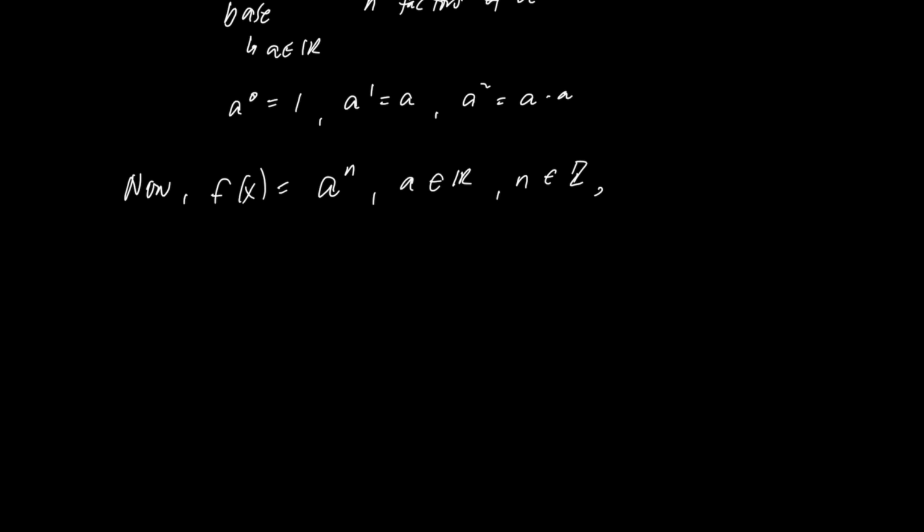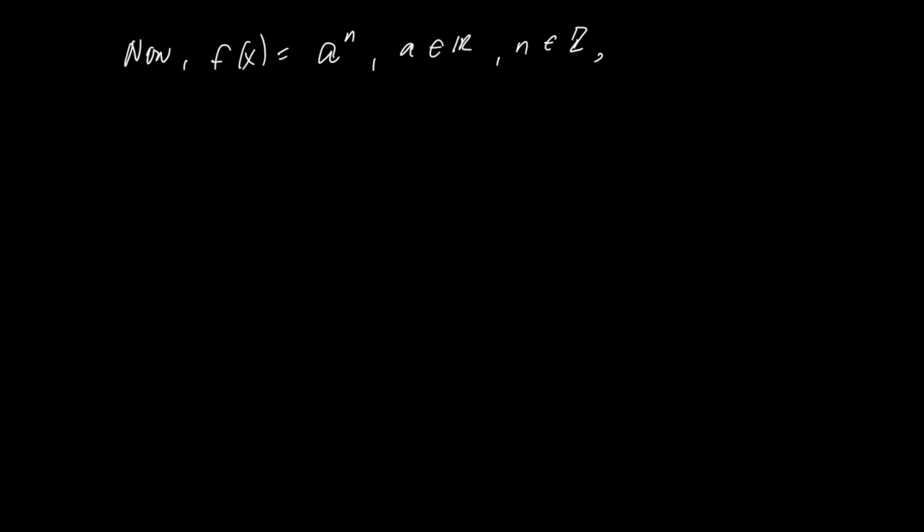Are you sure? Let's look at this in this way. What if f of x is a to the 0? What kind of function is this? Take note, a to the 0 is 1. And f of x equals 1 is, yes, a constant function.